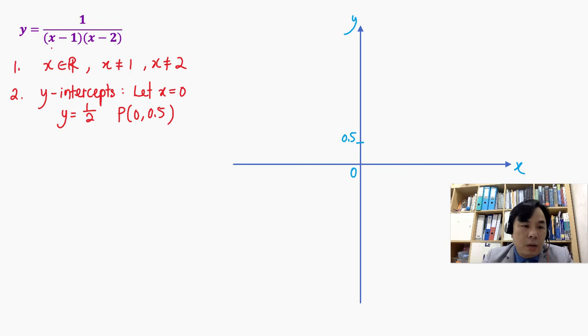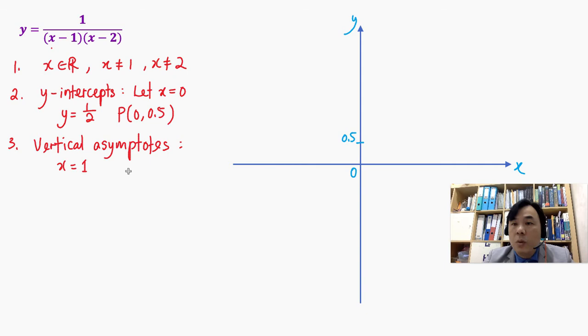Right. And then our third guideline, we have to identify any asymptotes. So asymptotes usually is given when we highlight our domain in this case. So therefore, we can say that our vertical asymptotes are, in this case, we have the equations x equal to 1 and x equal to 2 here. Now, knowing that are our vertical asymptotes, therefore we can highlight it over here.